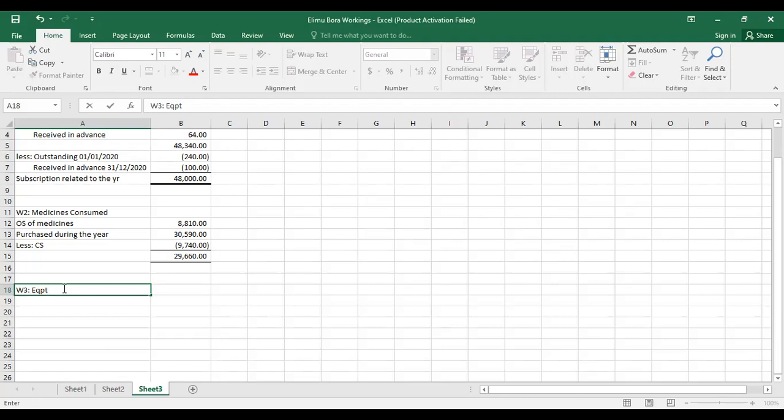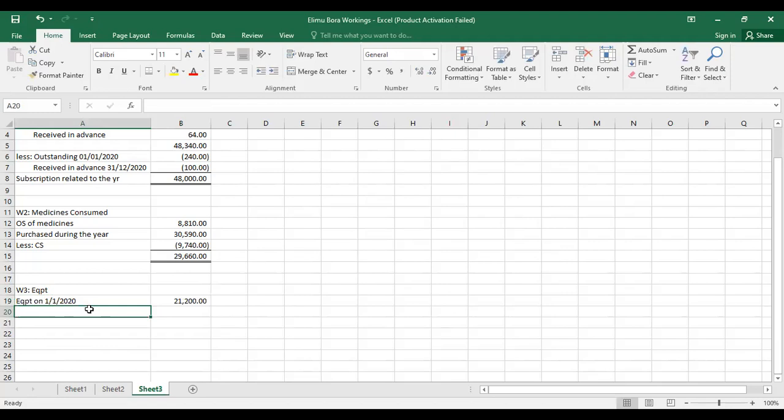And remember, in the general information we have what was purchased during the year: an equipment that was purchased at 15,000, right? So let me write, equipment on 1st January. The value of the equipment on 1st January is 21,200.